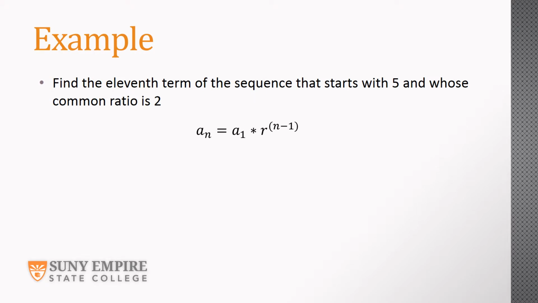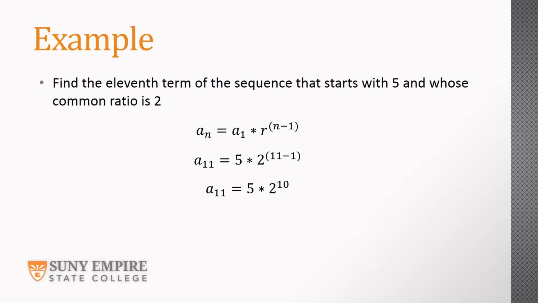For example, we want to find the 11th term of the geometric sequence that starts with 5 and has a common ratio of 2. We begin with the formula to find a general term of a geometric sequence. A sub n equals a sub 1 multiplied by r raised to the quantity n minus 1. We want to find the 11th term. So we have a sub 11 equal to 5 multiplied by 2 raised to the quantity 11 minus 1.